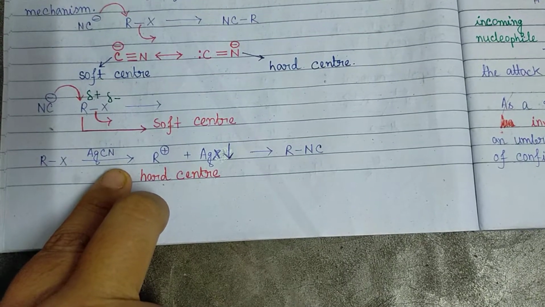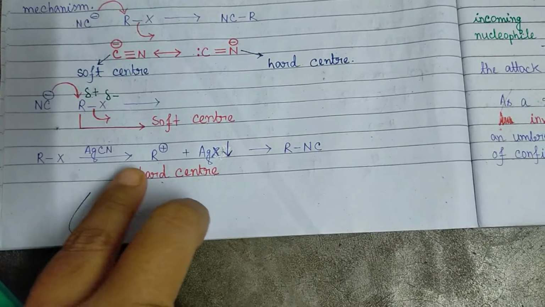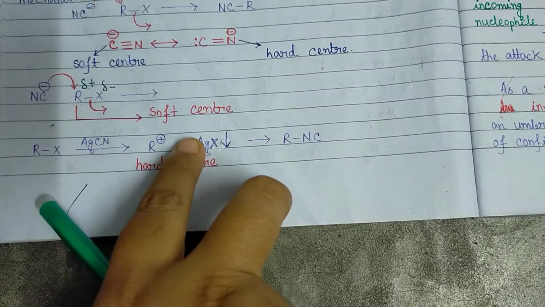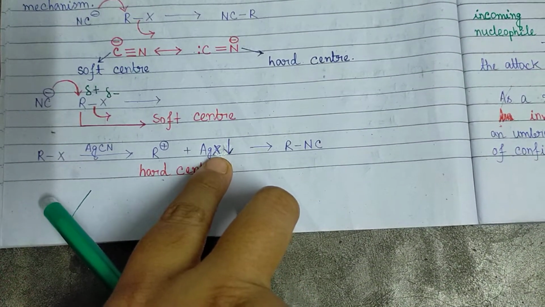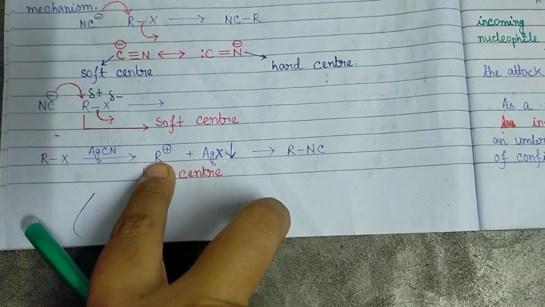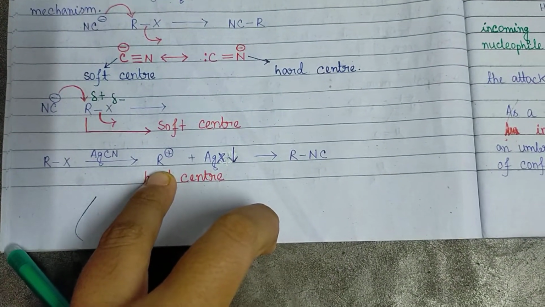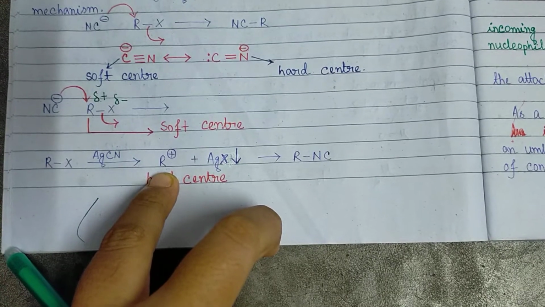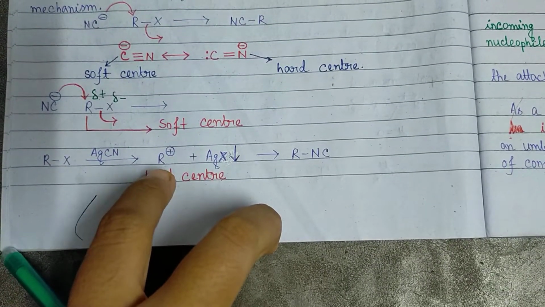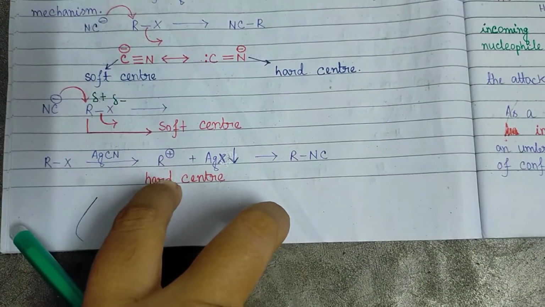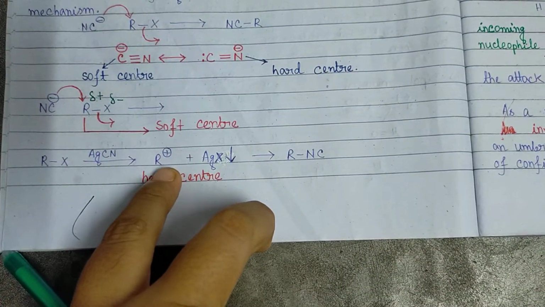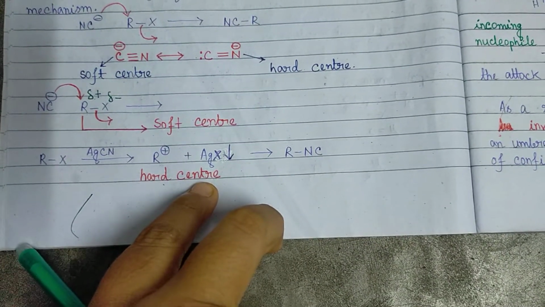Alkyl halide at first forms the precipitate of AgX and a carbocation is generated, because SN1 reaction follows the path of carbocation intermediate formation. So the alkyl halide is giving a carbocation and it is the hard center.